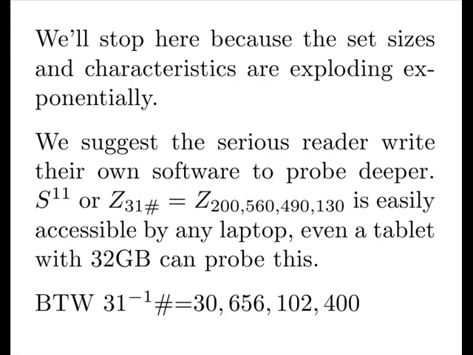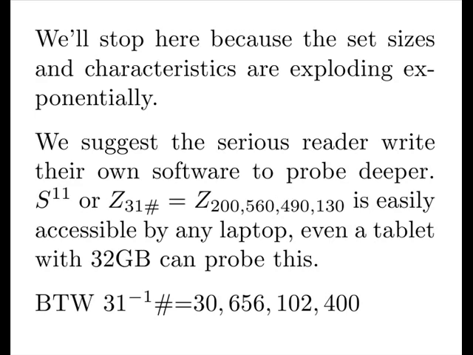We'll stop here because the set sizes and characteristics are exploding exponentially. We suggest the serious reader write their own software to probe deeper. S11 or Z sub 31 primorial is easily accessible by any modern laptop.